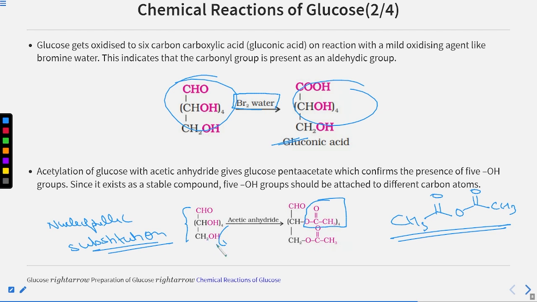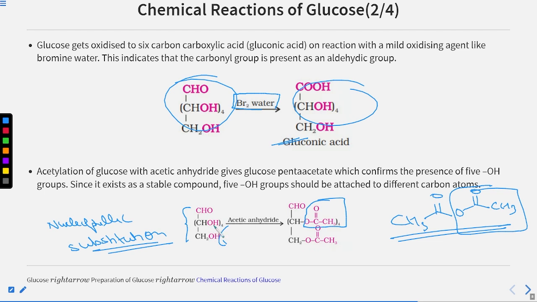In which we have substituted the COCH3 group with this whole glucose. Now we have 5 units of this. Again, this method can be used to identify the number of carbon atoms which contain an OH group.